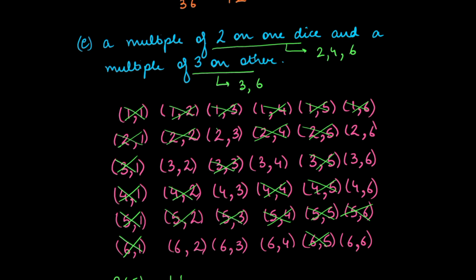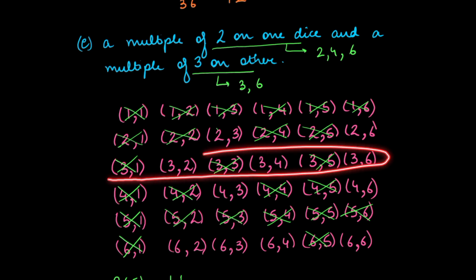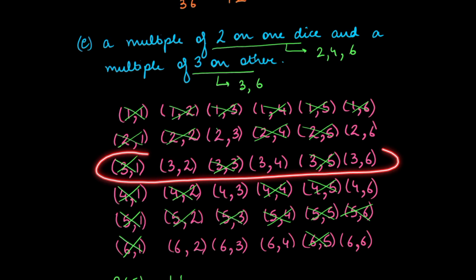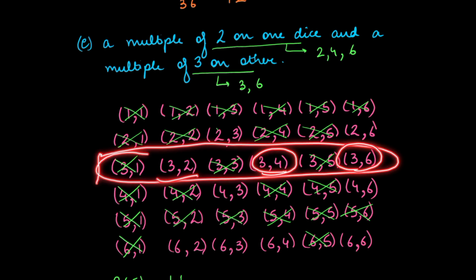Okay, so there are 2 possible favorable outcomes that are left, 2, 3 and 2, 6. Now if we have 3 on the first dice, the other dice should contain a multiple of 2. We have a multiple of 3 on one dice. Now we need a multiple of 2. So if we have 3 on the first dice, what are favorable possible outcomes? 3, 2, 3, 4 and 3, 6.